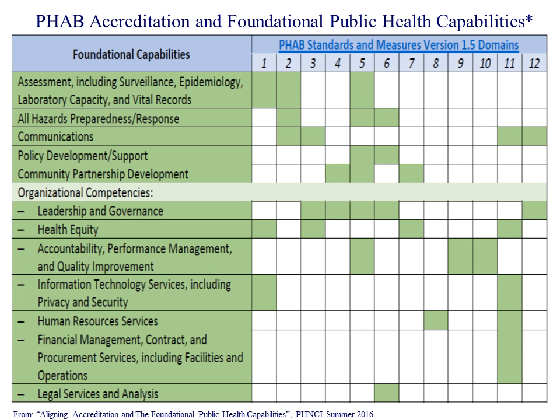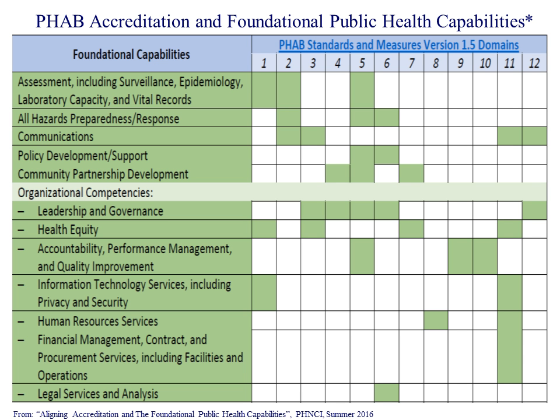Again, it is important to circle back and remember that the accreditation standards and measures do reflect current thought in best practices in public health. While they are rooted in the 3 core functions and the 10 essential services, PHAB standards and measures also adhere quite closely to the foundational public health capabilities recently developed.